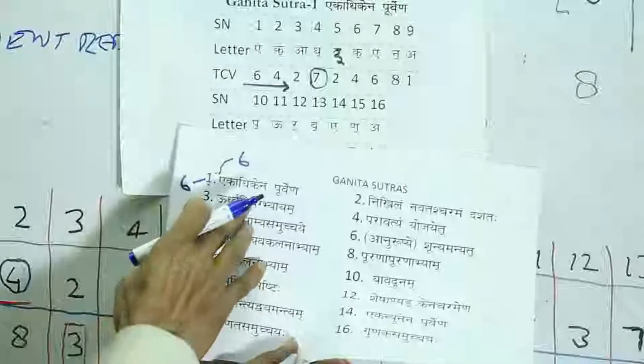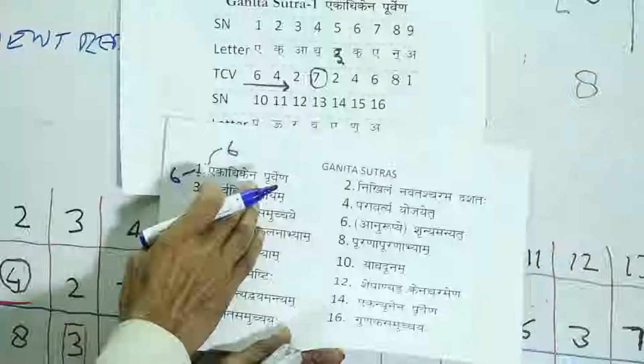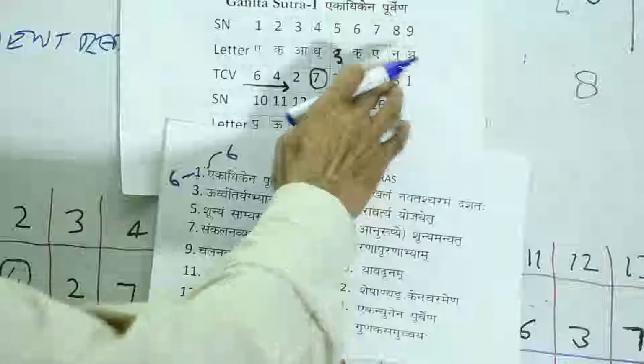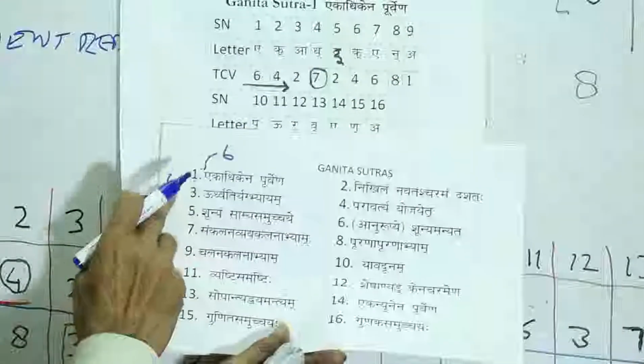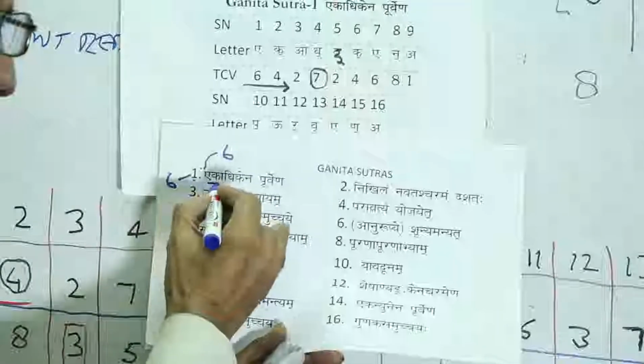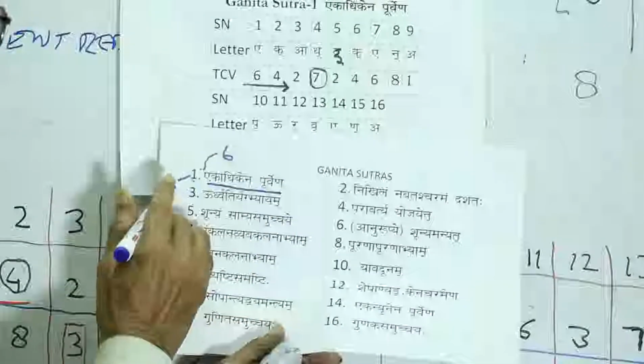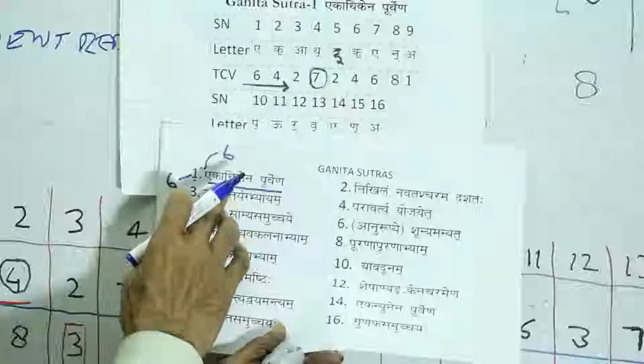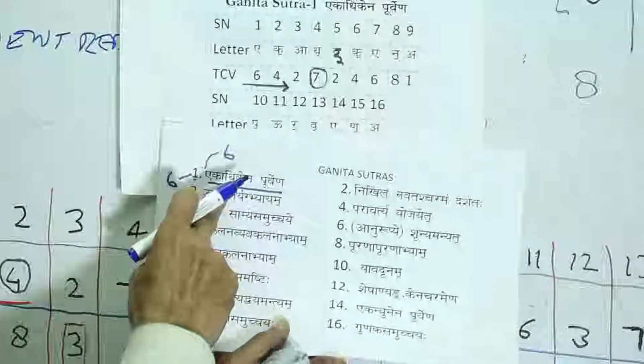The attainment reach of the mathematical domain of Ganita Sutra 1 is also 6 space. It is value 6, which is the structural key of the first Ganita Sutra. The value 6 is also the attainment reach of Ganita Sutra 1.